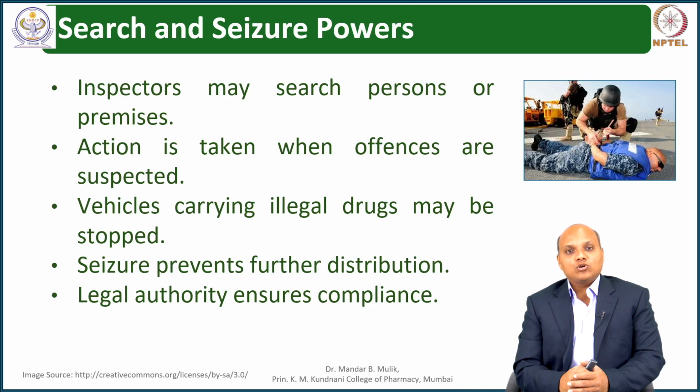The inspectors also have authority to inspect the vehicle in which the products are being transferred or distributed to different stores. Action is taken when offences are suspected. Vehicles carrying illegal drugs may be stopped and can be seized as per the powers given by the authority.